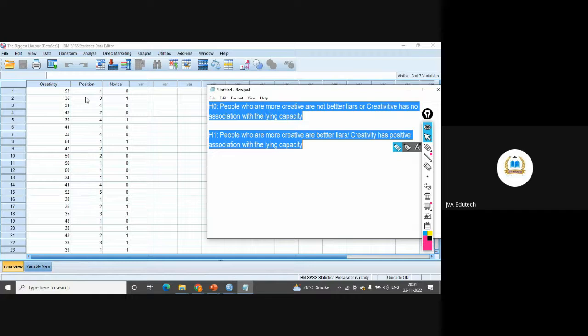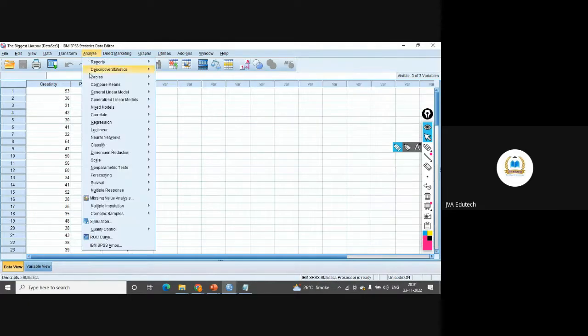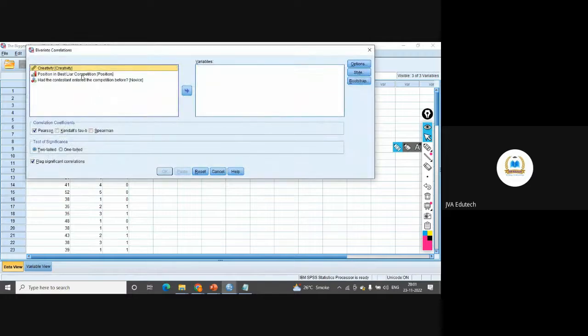Situation clear? So one is a continuous variable, another one is a categorical variable, which is an ordinal ranking. So in that case, the association cannot be tested by Pearson. We have to run Spearman. So analyze, correlate, bivariate, and here you put position in the best liar competition and creativity.